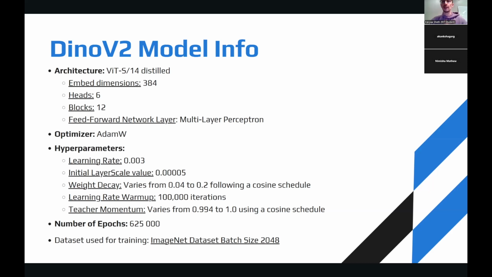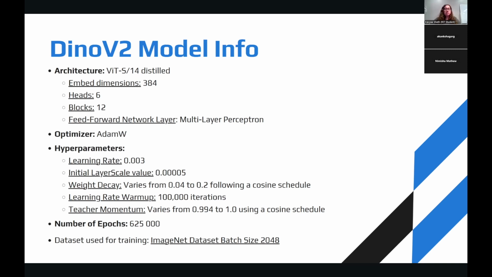Also, according to the paper that we reviewed together, the number of epochs used to train the model is more than 600,000, and they used the ImageNet dataset with batch size 2048 for the pre-training process. This is basically the information of the pre-trained model we have also used in our implementation.